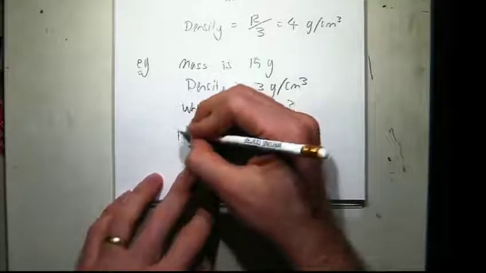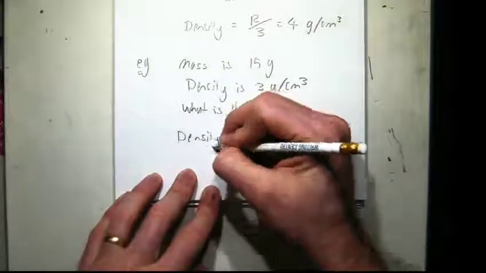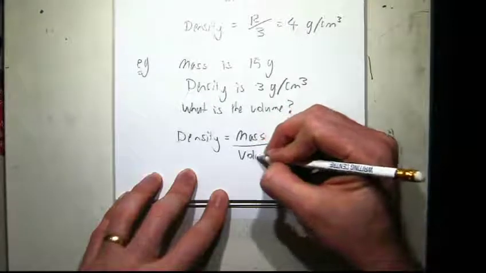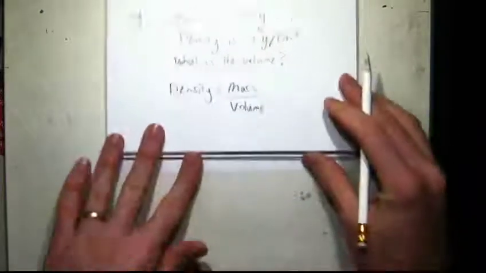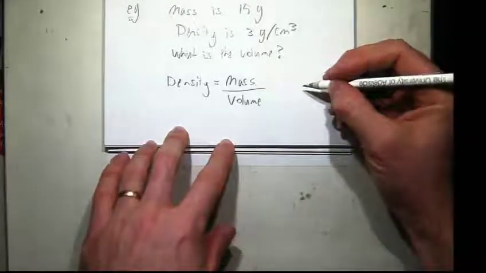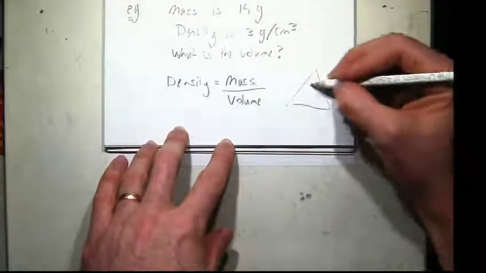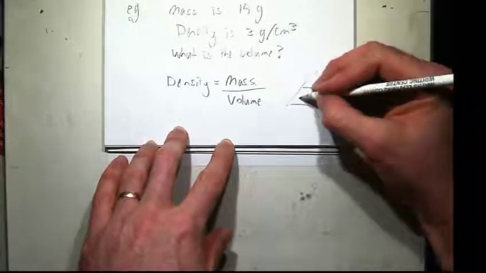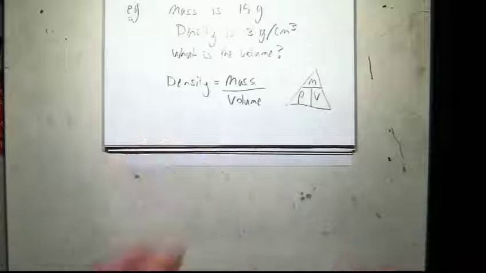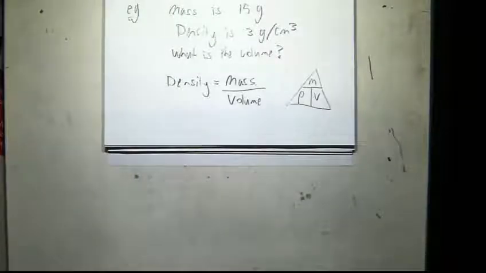They will go density equals mass divided by volume. And so when I think of my little triangle, the density is the mass over the volume. I could just as easily go, just a second, volume would just as easily be mass divided by density.